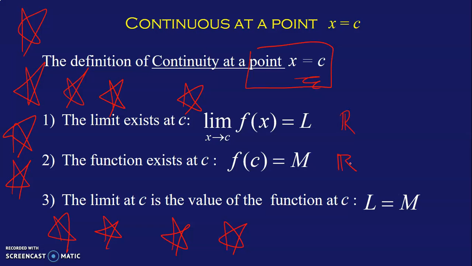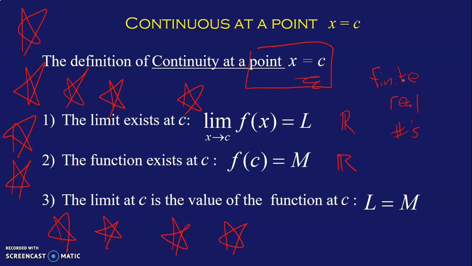That also needs to be a real number. And the third piece is that these two need to be equal to each other. So in order for a function to be continuous, the limit needs to exist, the function needs to exist, and they need to be equal to each other. They both need to be finite real numbers.